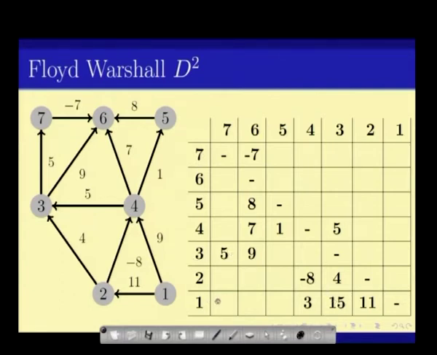So, I will be able to go from 1 to 7 in 20 steps. Similarly, say 4, I can go from 4 to 3 in 5 steps and 3 to, say, 6 in 9 steps. I can go from 4 to 6 in 14 steps. But that is not good at all, because I already have a path of length 7 from 4 to 6.